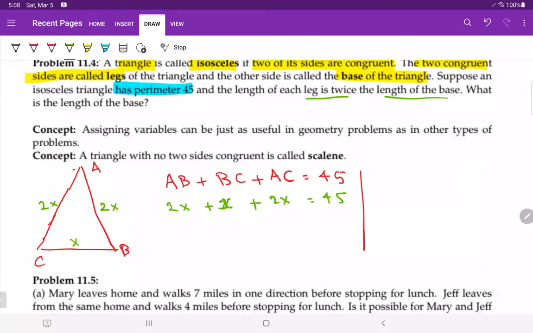Then we have 5x equals 45. Then x is 9. So the length of the base is 9. What about the legs? Leg is 2 times 9, which is 18.